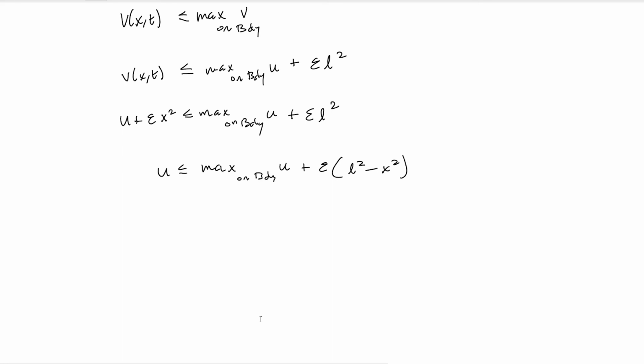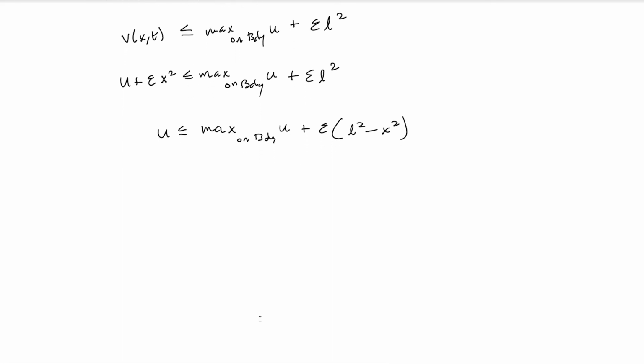Well, now we can just take epsilon goes to 0, right? We said that we would do that. So we let epsilon go to 0, which means that this whole expression here goes to 0, which means that u is less than or equal to the maximum on the boundary of u, right?